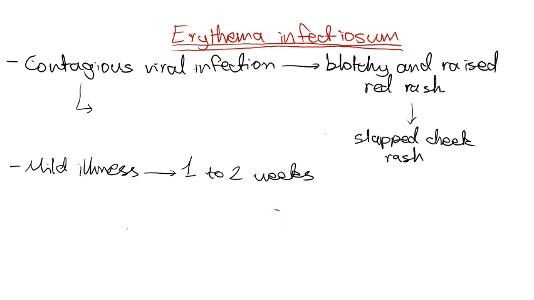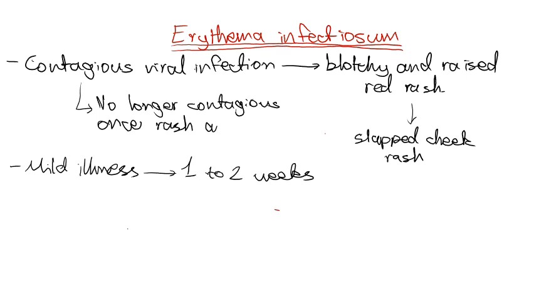So the interesting thing to note about this condition is that within the prodrome phase, or when the child has not shown the symptoms of the rash yet, but they are infected with the erythema infectiosum bug, they are infectious. But once the rash appears, they are no longer infectious. So no longer contagious once rash appears.